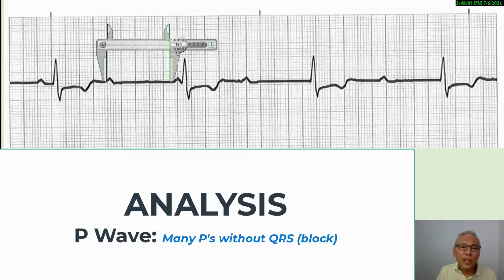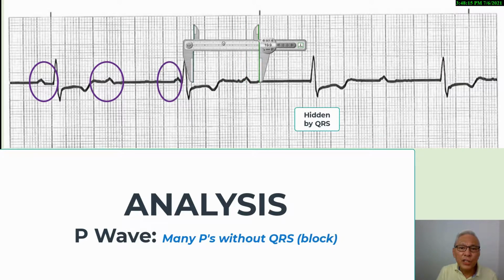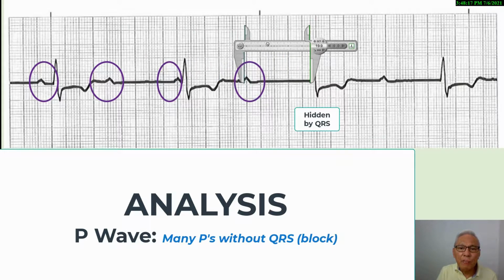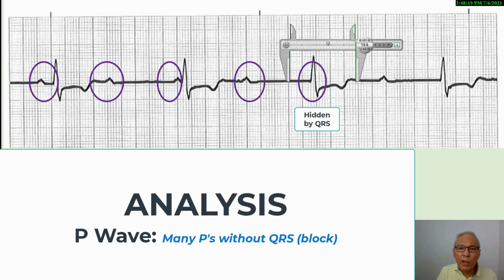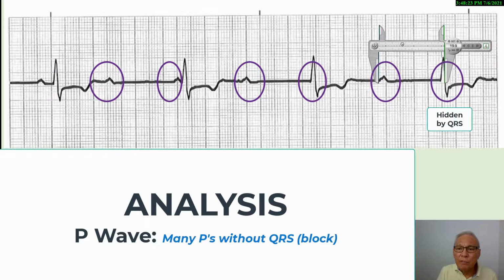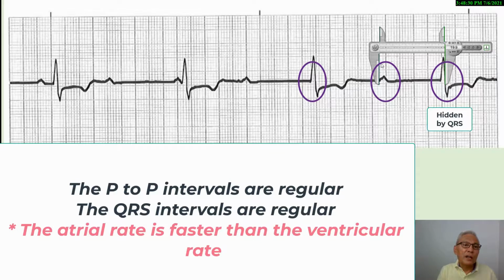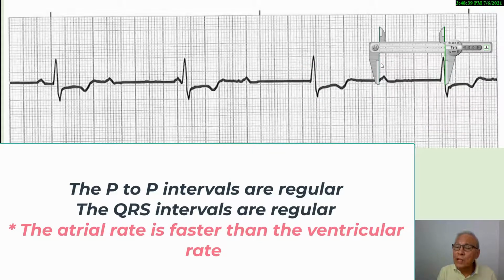So let's take a look and mark all the P waves. There is a P wave, another P wave over here, another P wave probably in the QRS complex. This is another P wave, and another P wave again buried in the QRS complex. And so we see that the P waves are coming at a regular rate, and the QRS is also coming at a regular rate.